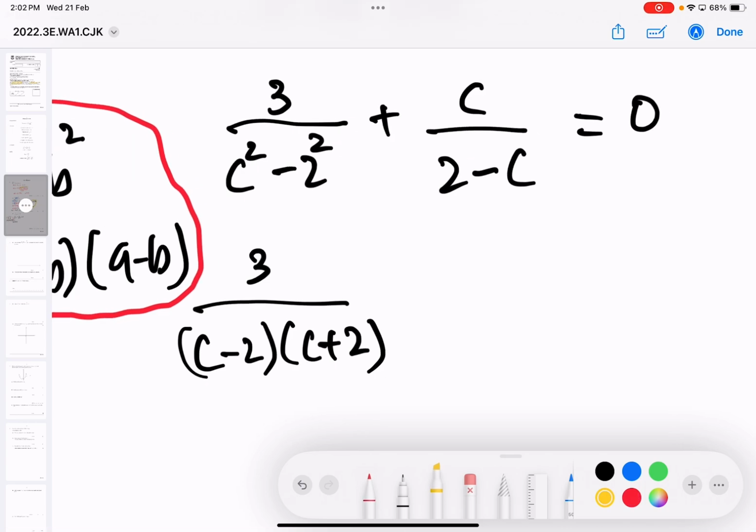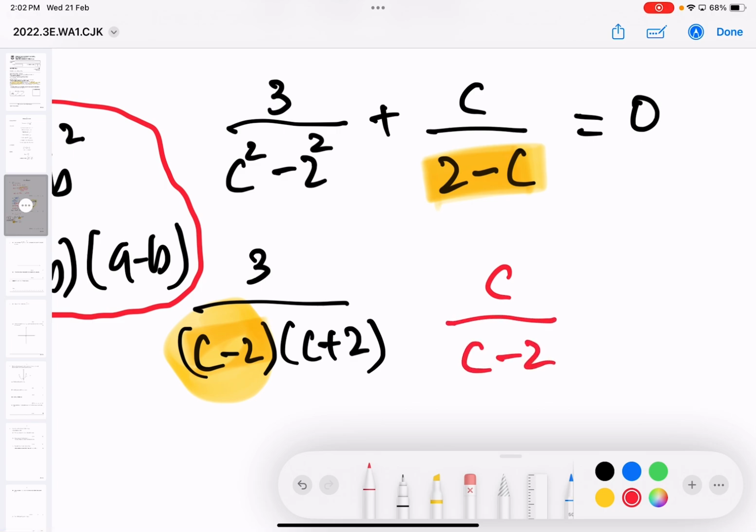Now, if I take a look at here, this is 2 minus c. But here it's not 2 minus c, it's c minus 2. So how do I make this the same as c minus 2? If you want to do that, you can actually write this as c minus 2. But if you change the position, you must factorize out a negative.